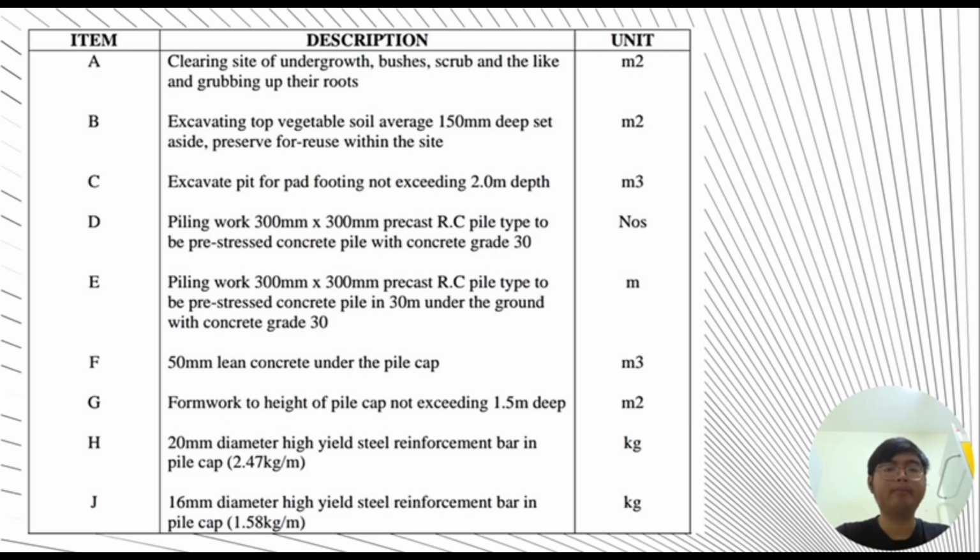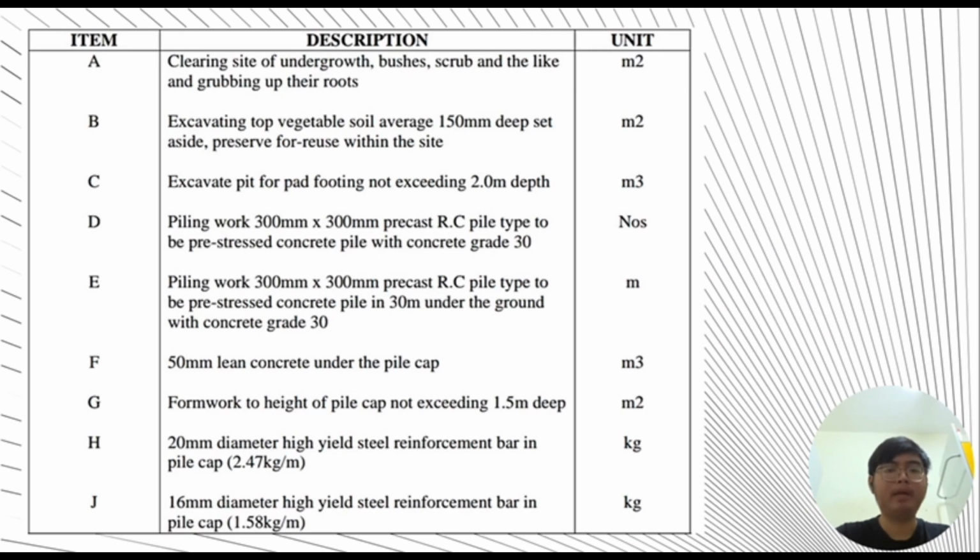Next is item F, 50 millimeters lean concrete under the pile cap. Next process is item G for formwork to height of pile cap not exceeding 1.5 meter deep.